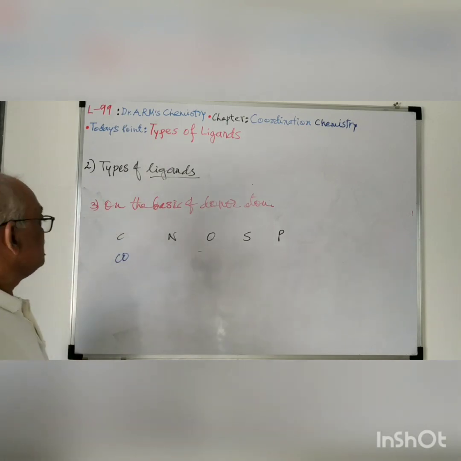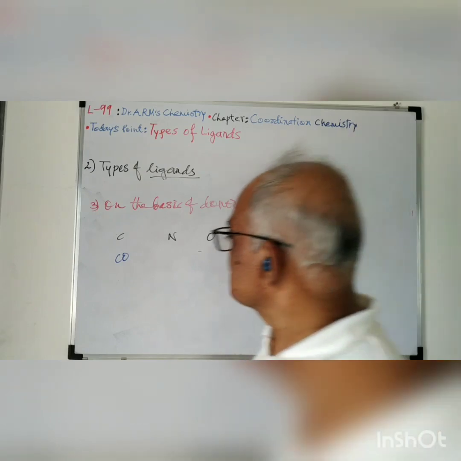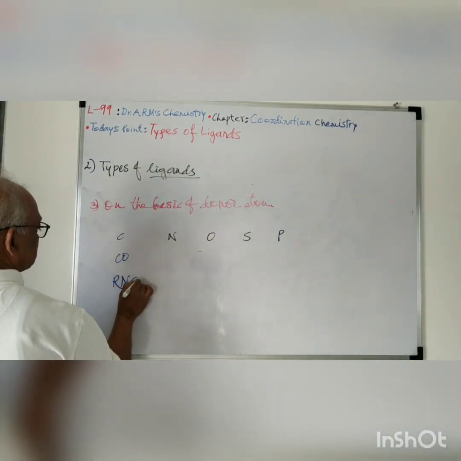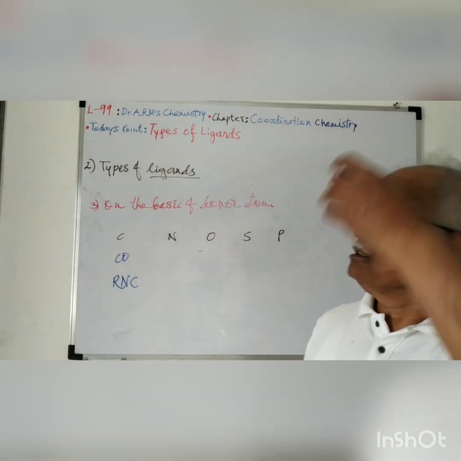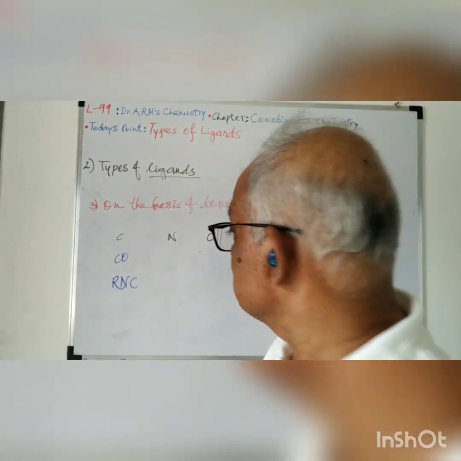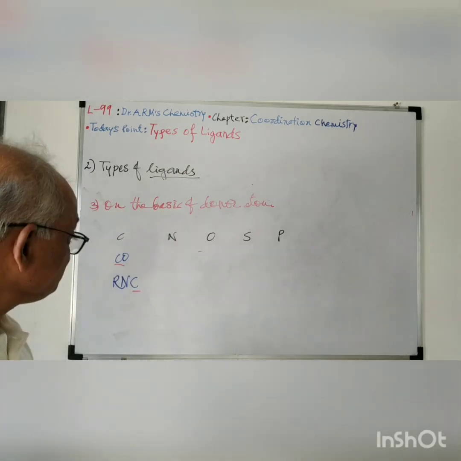Then there are some other examples in which we can find this type of carbon, R and C. Similarly, here C is the point of attachment. C is the donor atom.